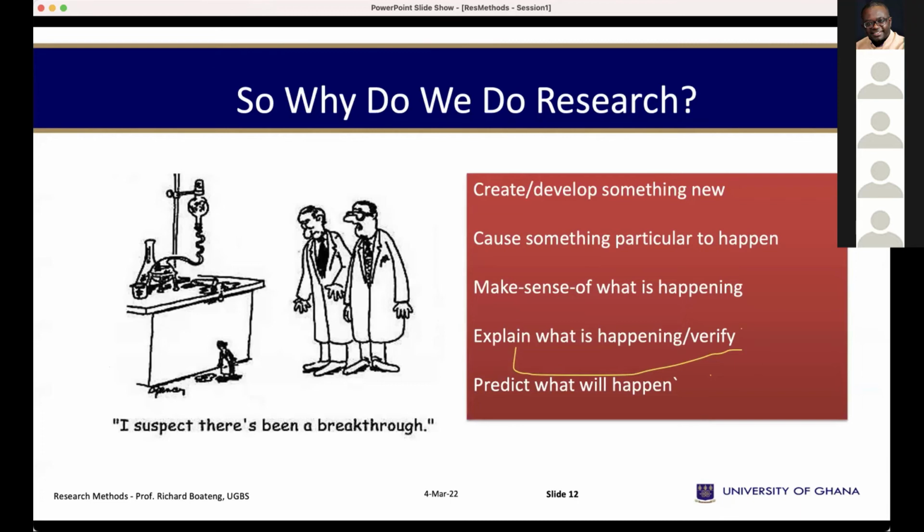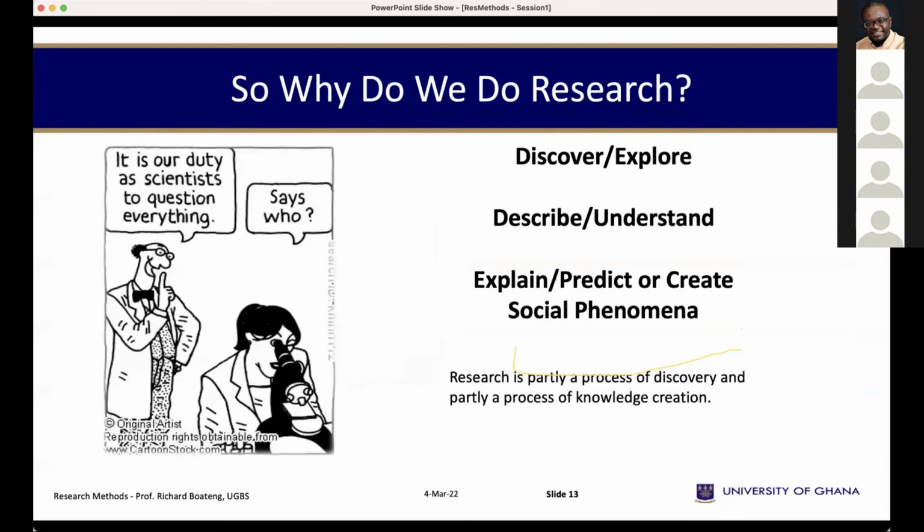Now, these things come together to form what we call the 3 dimensions of why we do research: to discover or explore something new, to describe and understand what is happening in that context, and to explain why that thing is happening and predict that it will happen again.